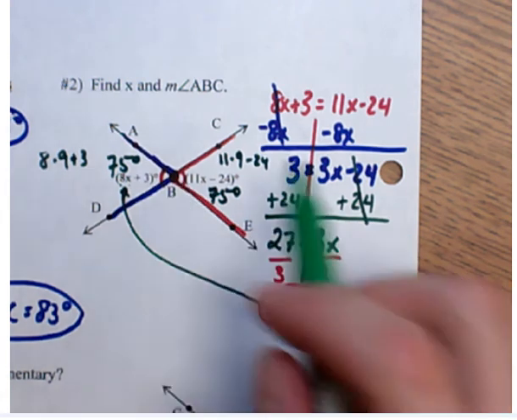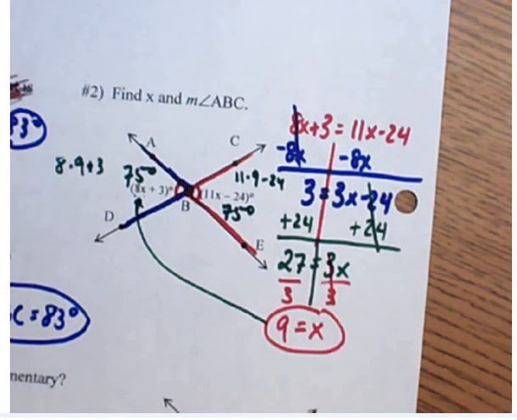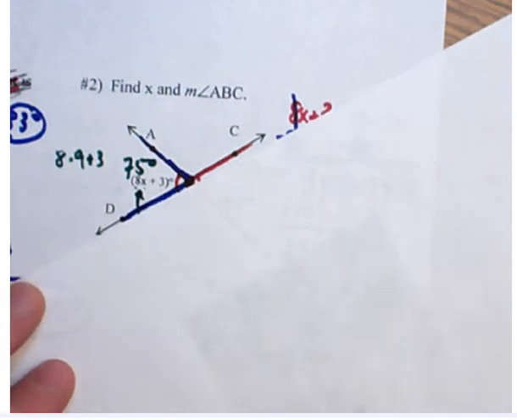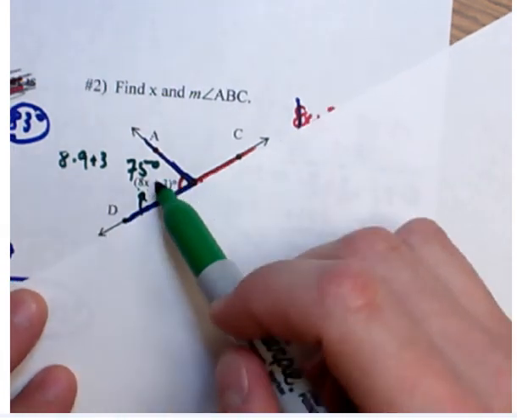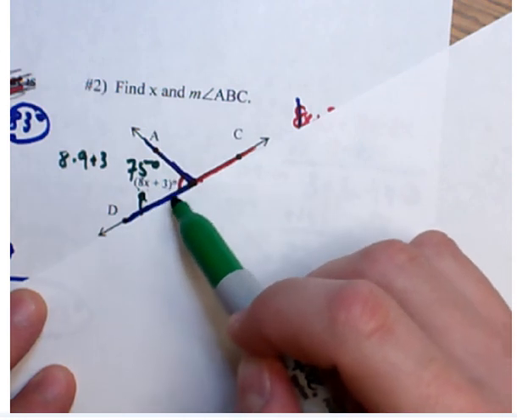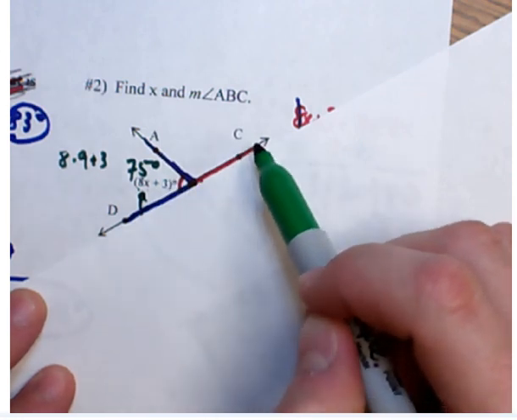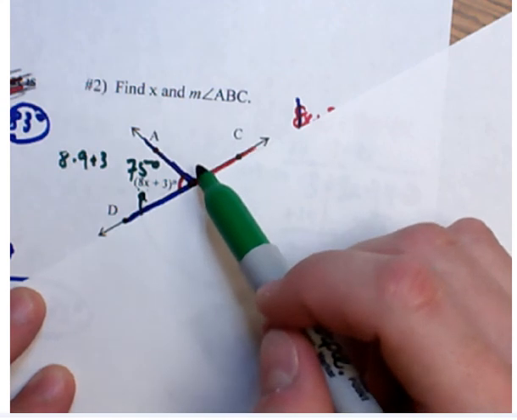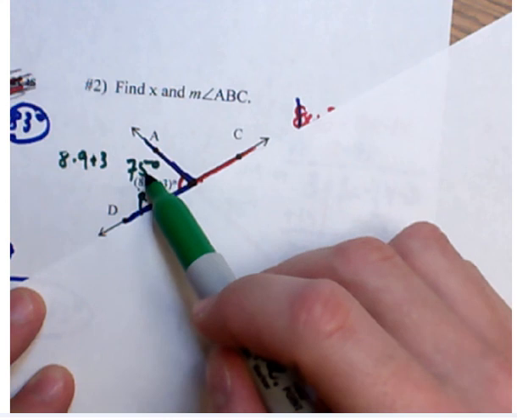Angle ABC, for the moment, let me cover up here. So now you're just looking at this. Notice that at the bottom part here, that's a straight line. Straight line, that's 180 degrees. These angles are supplementary. So here's 75.